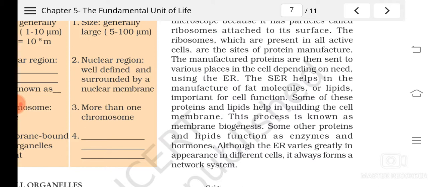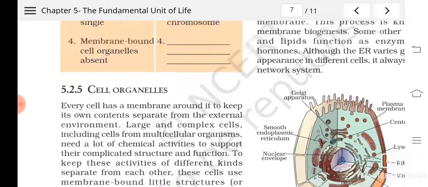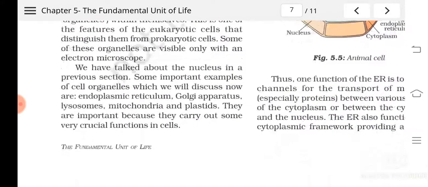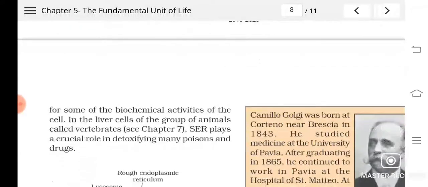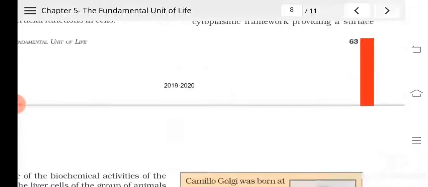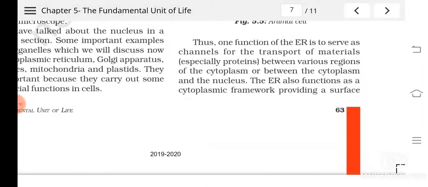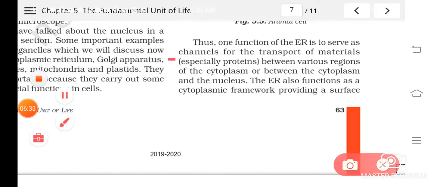The proteins and lipids produced by the endoplasmic reticulum function as enzymes and hormones. Overall, the endoplasmic reticulum has different functions. First, it acts as channels for the transport of materials between various regions of the cytoplasm, from one place to another in the cell, or between the cytoplasm and the nucleus.